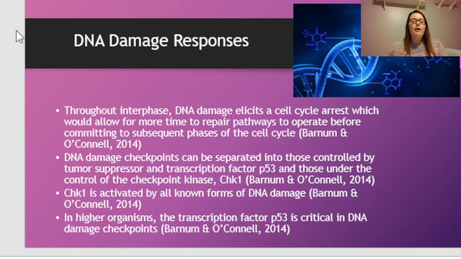So any type of DNA damage that happens, CHK1 is going to act upon it and fix it before it moves on to the next phase of the cell cycle. And in higher organisms in particular, the transcription factor P53 is critical in DNA damage checkpoints. While it's critical, it's regulated by a plethora of post-translational modifications.